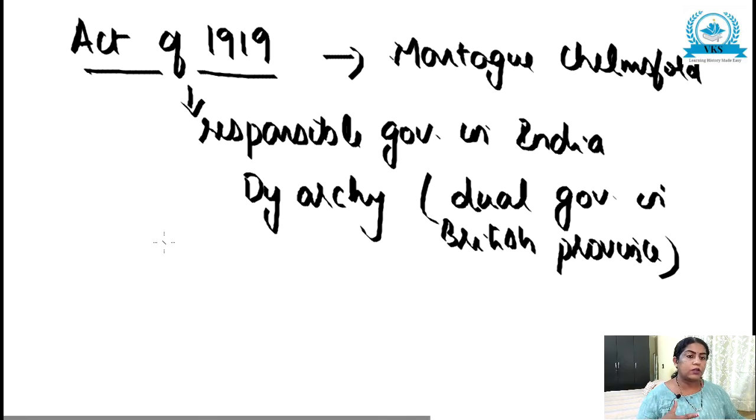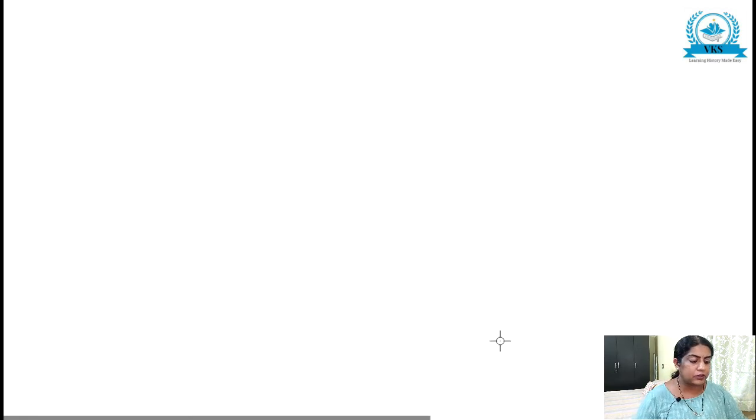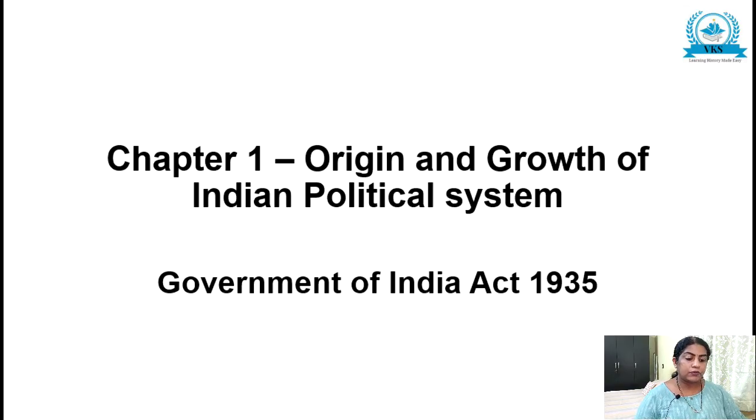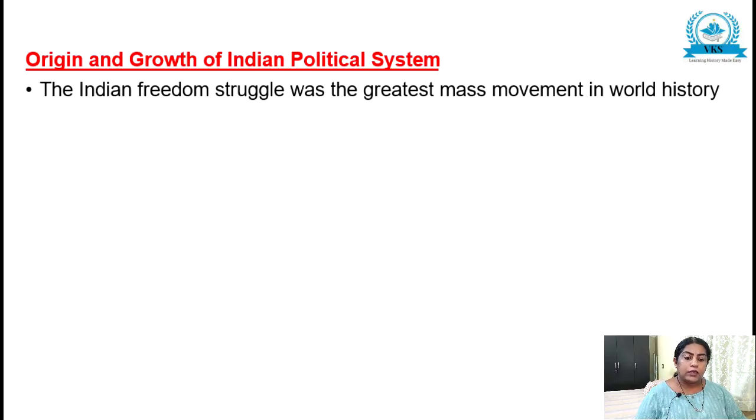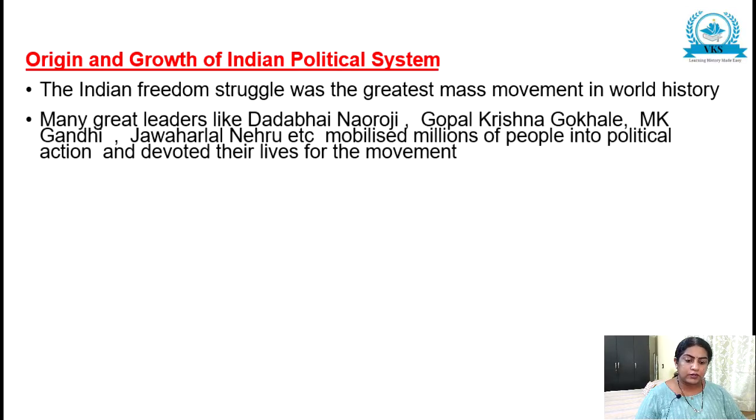Before going into that, let us just see the points we have studied till now. Chapter 1, Origin and Growth of the Indian Political System. The Indian freedom struggle was the greatest mass movement in world history.